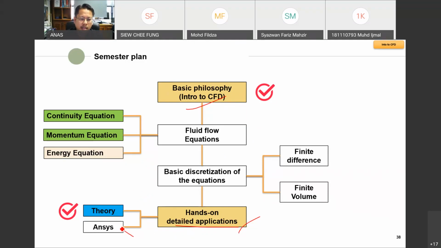We covered the hands-on applications in the lab and the theory in the lecture. Our target is to start with the PDE, the partial differential equations of fluid flow, which you are going to start your self-reading on Thursday, and we are going to cover after the midterm break, and hopefully we end with the FDM. All right, so let's proceed to the next lecture.